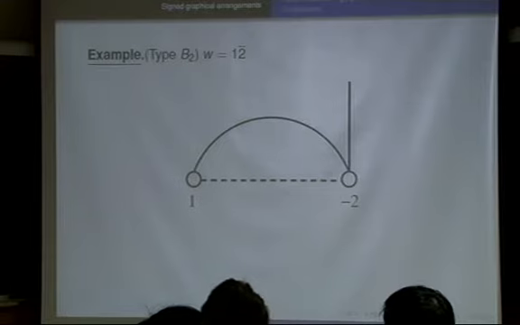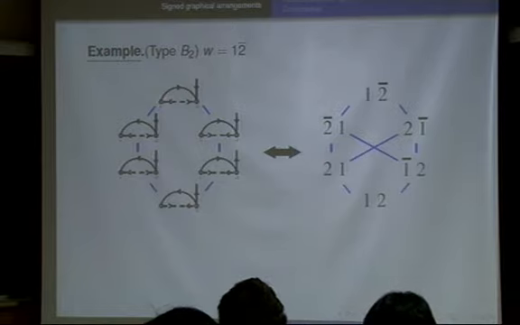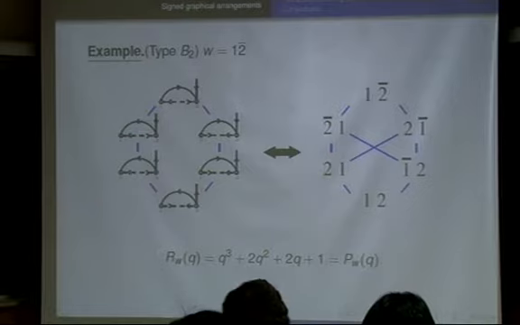This is the set of all acyclic orientations on that graph, and we can form a ranked poset with these acyclic orientations. This is the strong Bruhat order. The region polynomial and the Poincaré polynomial are both q squared plus 2q plus 1. They are the same. That's the demonstration.